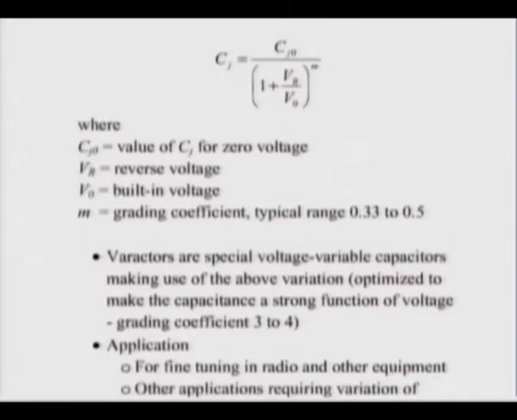We are all familiar with the fine-tune control in our radios and such portable devices. Typically, in a radio, the main capacitance varies from 0 to 70 pF. When you change the station, you are actually going somewhere between, say, about 10 to 70 pF.